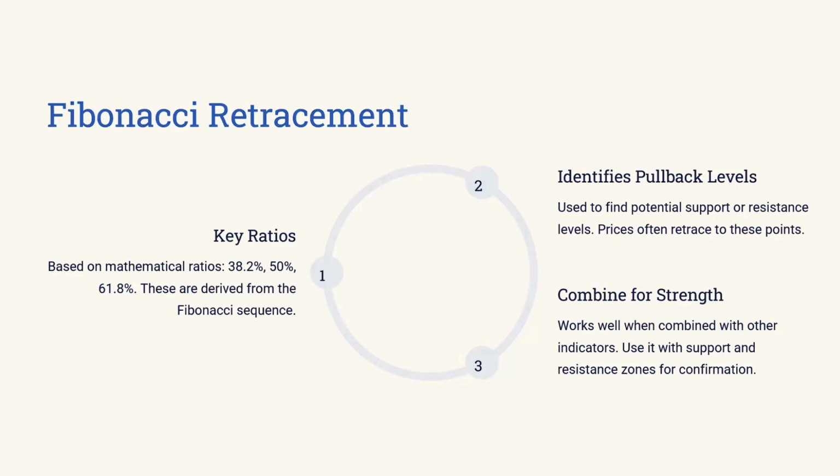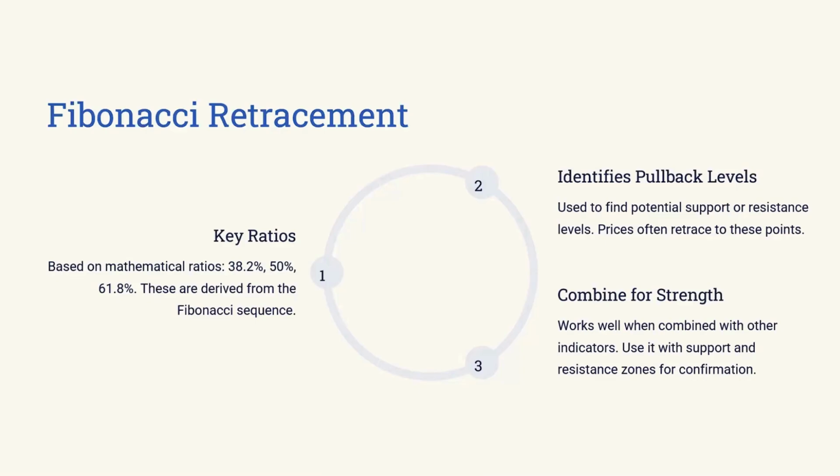For best practices, first, accurate swing points. The effectiveness of Fibonacci retracement heavily relies on correctly identifying the significant swing high and swing low from which to draw the levels. Not a guarantee: Fibonacci levels are not exact turning points, but rather zones of interest. Price may overshoot or undershoot these levels.